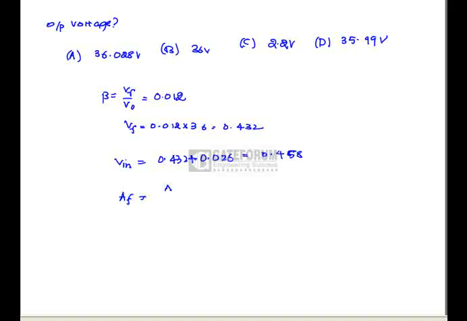AF is nothing but A by 1 plus A beta, which equals 1384.6 divided by 17.61, which equals 78.6. So V0 is equal to 35.99 volts.